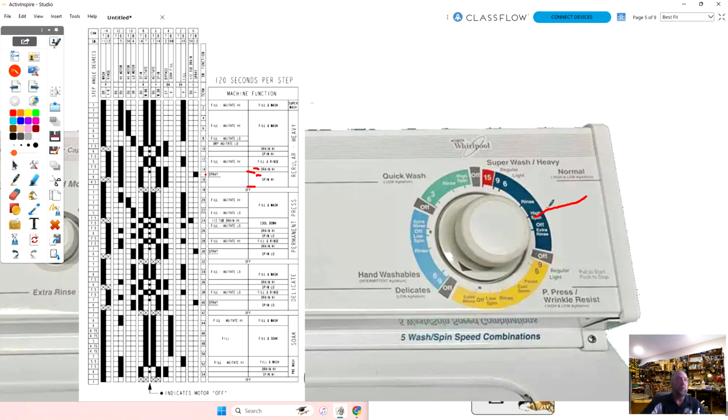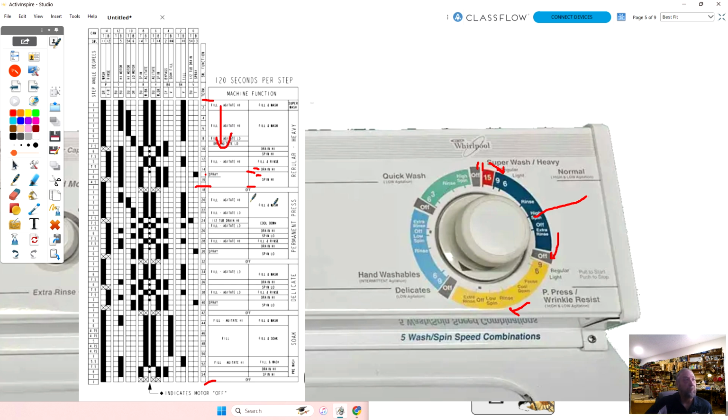So what I'm trying to show you is that this chart starts here, and if you went down this entire chart to the end right here, you would be at the end. As the timer goes around in this direction, it's going down this way.